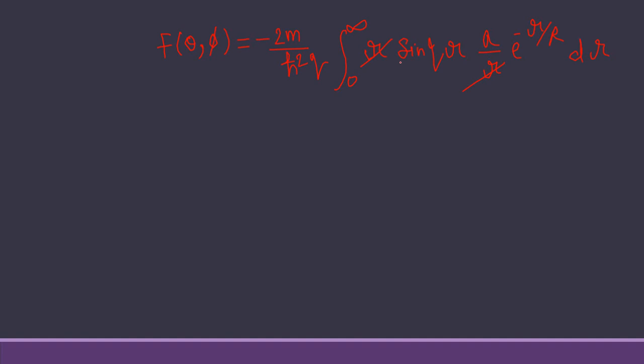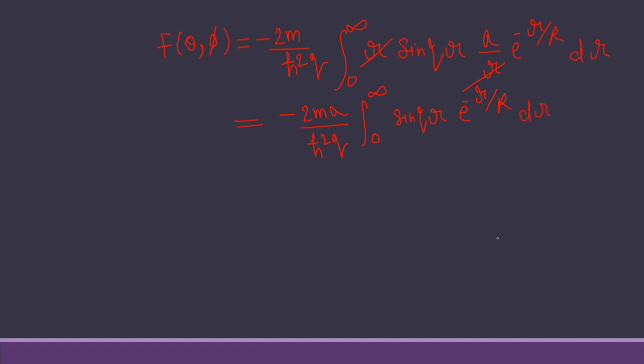You can take a outside this integration because it's a constant. So you will get minus 2ma over h cross square q and limit 0 to infinity sin(qr) e to the power minus r upon capital R dr.